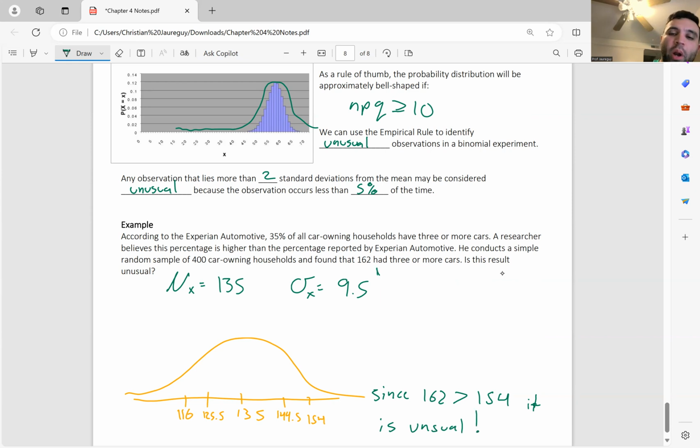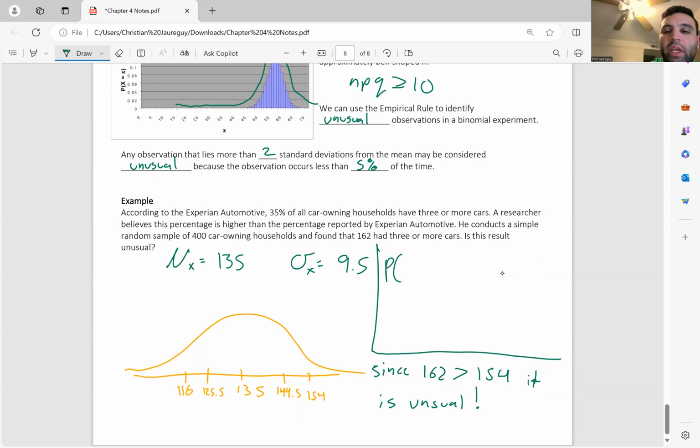You can also just find the probability for these questions. If I ask you, is something unusual? Find the probability. If the probability is less than 5%, we are thinking it's unusual. Probability x equals 162. This is binompdf. We throw this in.